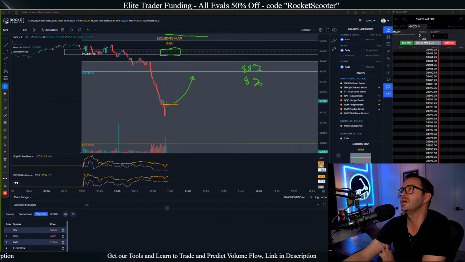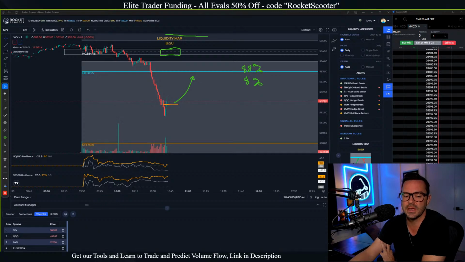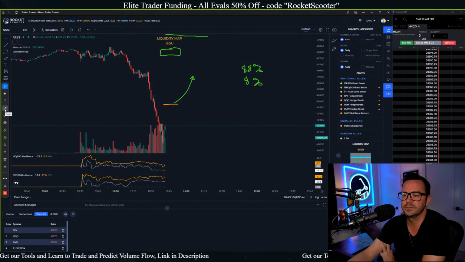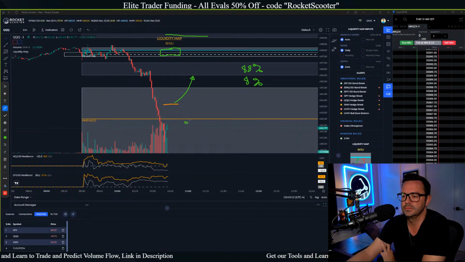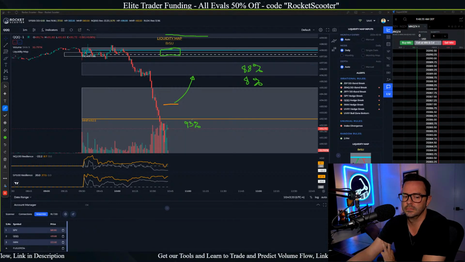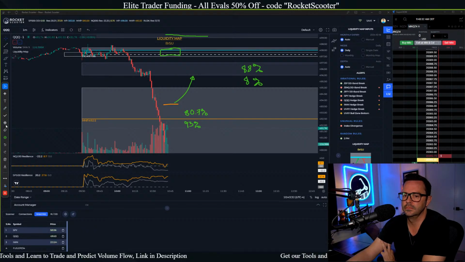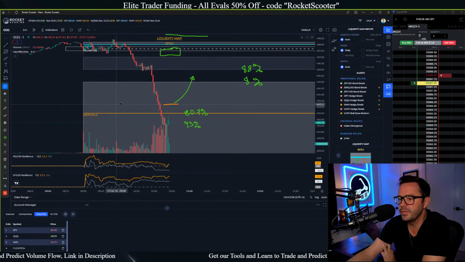MHP tap right here on Nasdaq. So as Garrett had said, 9.3% of the time we close below monthly hedge pressure. We basically have both of them next to each other.